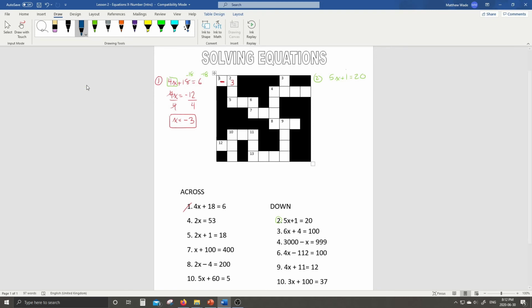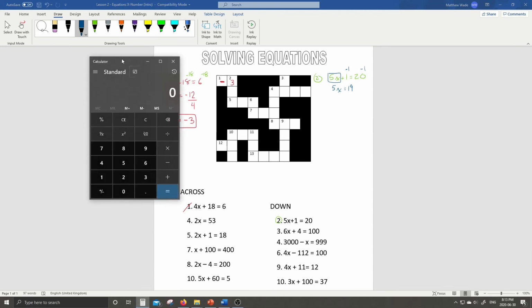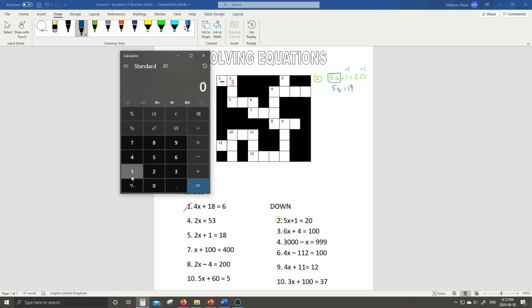5x plus 1 equals 20. Well, here's what we'll do. Take away 1, take away 1. You're going to be left with 5x because we protected the 5x, don't forget. So it's 5x equals 19. And now because we're after decimal numbers, you can either do it as a mixed number, but because I don't really want you to focus too much on the fractions, I just want you to get it done quickly, go ahead and use your calculator.